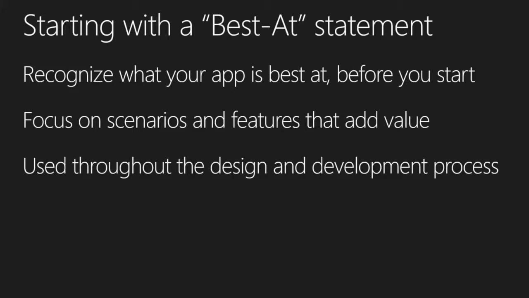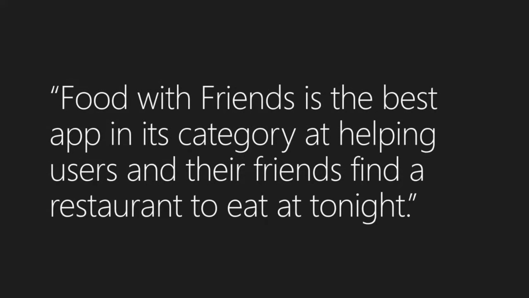When you're doing this best at statement, of course, recognize what your app is best at, and this will help you to recognize before you start what direction your application is heading in. This will also allow you to focus on scenarios and features that add value to your application. And the best at statement should guide you through the design and development process. Here's an example of one.